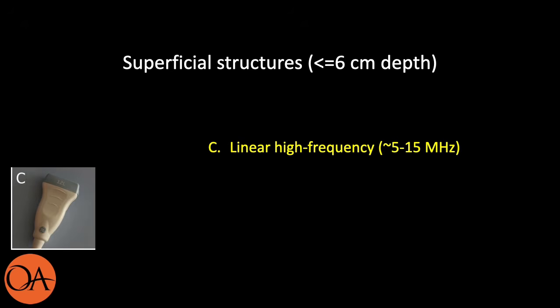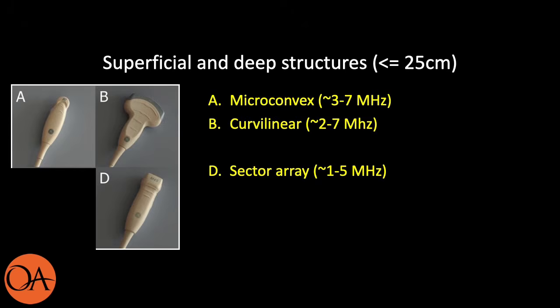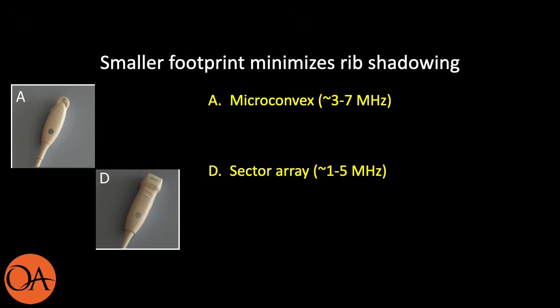If one is only interested in screening for superficial pathology, such as presence versus absence of lung sliding, then the best spatial resolution will be provided by a linear high-frequency probe, choice C. Alternatively, if one needs to evaluate for both superficial and deep pathology, then one will need a low-frequency transducer, such as A, B, or D. Among the low-frequency transducers, the microconvex and sector array are preferred for lung ultrasound because their small footprint fits well between ribs and minimizes rib-associated acoustic shadowing.